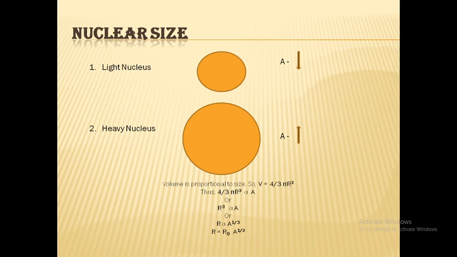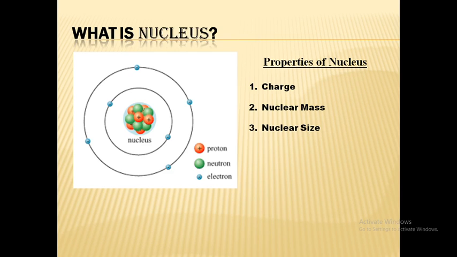So the value of r is equal to r0 A to the power 1/3, where r0 is the nuclear radius parameter and its value lies between 1.2 to 1.6 femtometer, where 1 femtometer is equal to 10 to the power minus 15 meter.